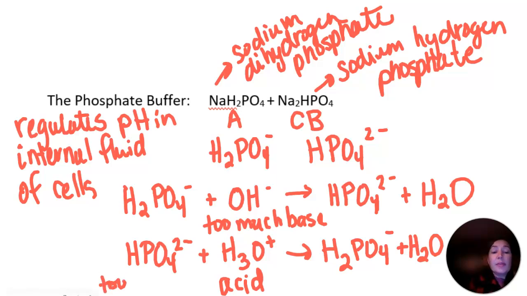So it is able to deal with too much acid or too much base, a little bit of excess acid, a little bit of excess base, and the phosphate buffer can deal with it. Just like the carbonate buffer in the blood can help keep pH steady, the phosphate buffer can regulate pH in the fluid of cells. Now, buffers have their limits. Buffer systems can basically get overloaded. But in general, they really help keep pH consistent in biological systems.